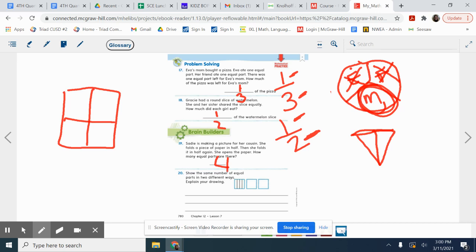Number 20. Show the same number of equal parts in 2 different ways. So they drew our square there and they divided it into 4 equal parts. And we need to divide it in 2 different ways. Okay, I'm going to do my plus sign. And then I'm going to go horizontally across with 3 lines.